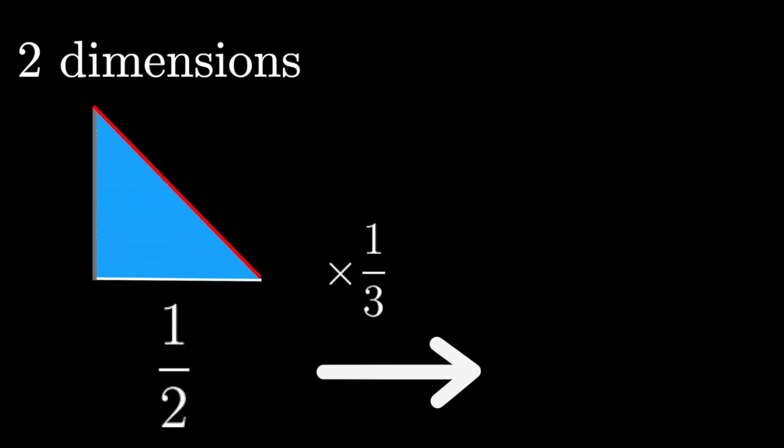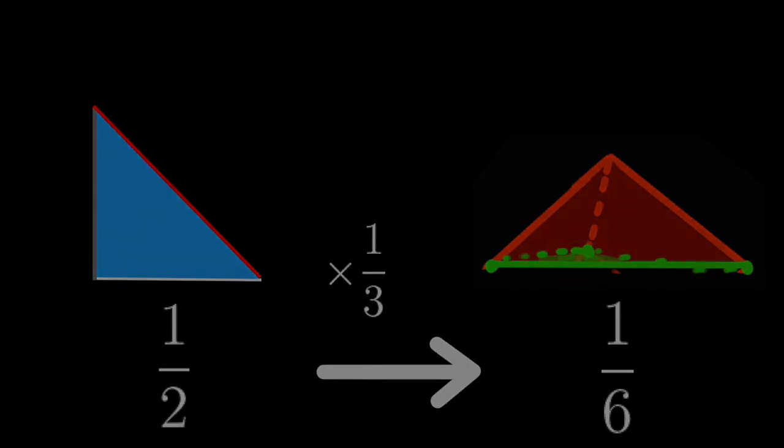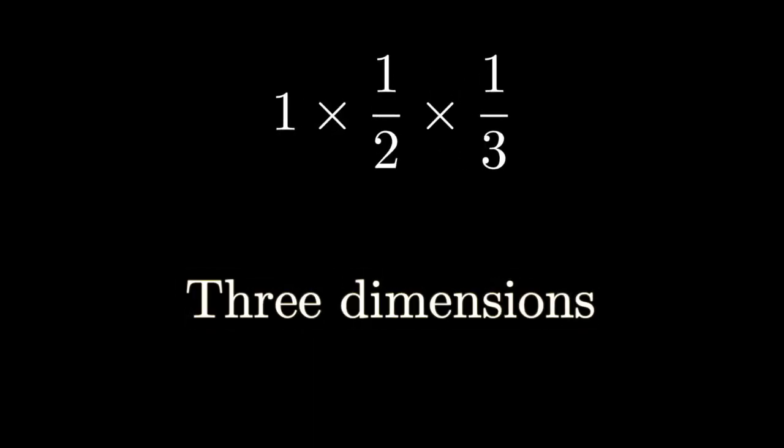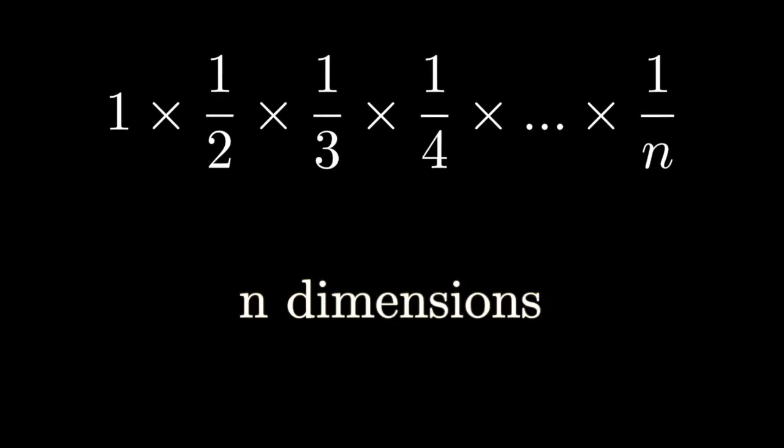A half times a third is a sixth, and that's what we worked out as the volume of that tetrahedron. To get the volume of an n-dimensional version of the shape, what we're doing is 1 over 1, times 1/2, times 1/3, times 1/4, times 1/5, etc., up until 1 over n, which is just 1 over n factorial.